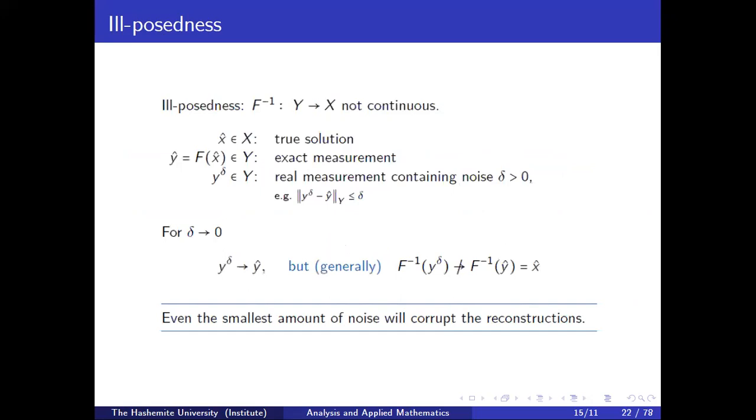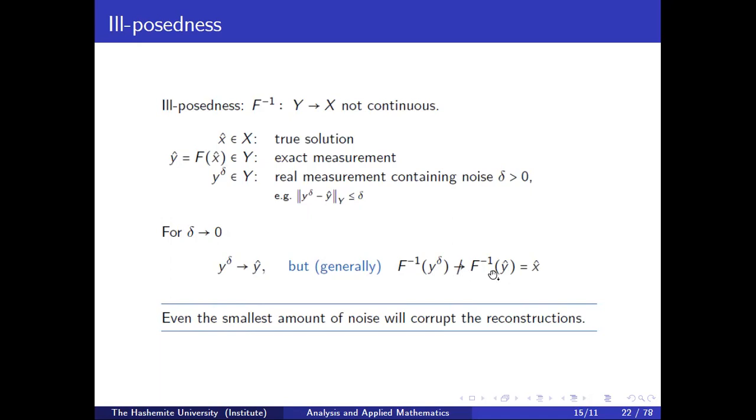So the problem here, in an ill-posed problem, is that we don't have stability, which means that even if f inverse exists, there is no guarantee that it is continuous. So f inverse of y delta may be computed, but will not converge to the exact values.